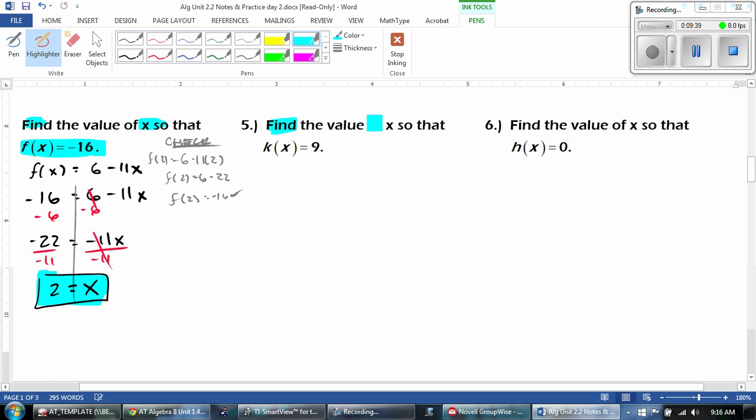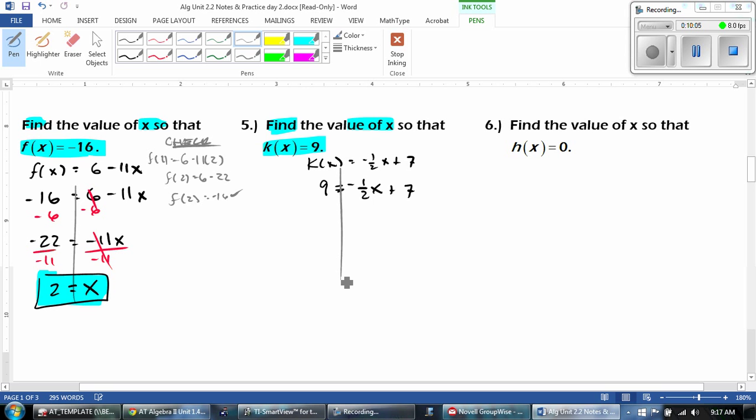Find the value of x so that k of x equals 9. So now we're using k of x, so if you want to write down that equation, k of x equals negative 1/2 x plus 7. So 9 equals negative 1/2 x plus 7.